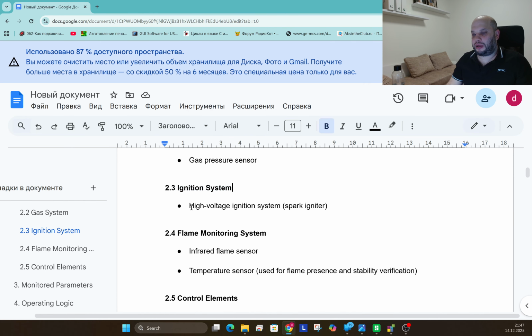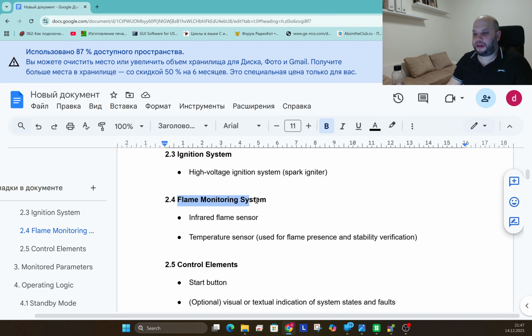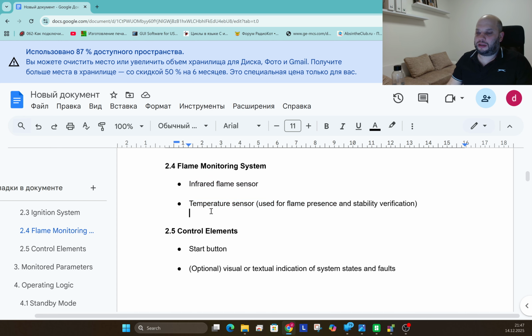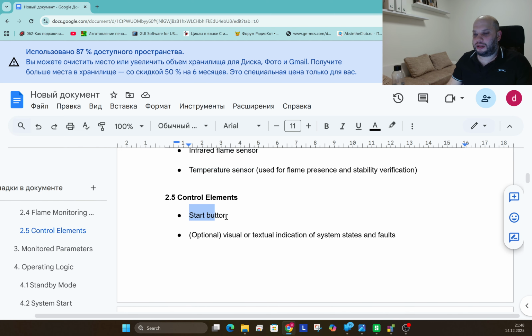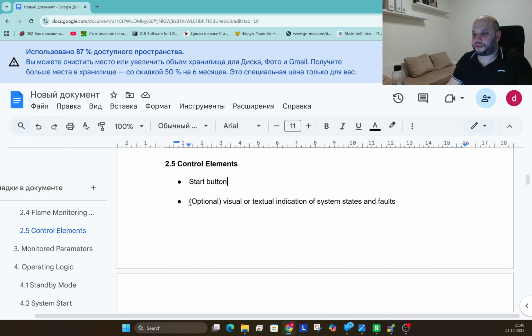Ignition system: high voltage ignition system, spark igniter, standard thing. Flame monitor system, I selected two: infrared flame sensor and temperature sensor. So for example, if something is wrong with one sensor, the other will definitely detect that something is wrong. Start button, this one.